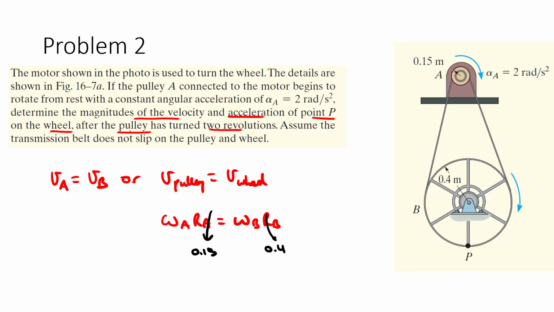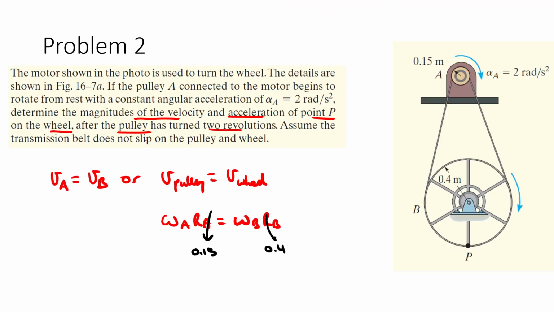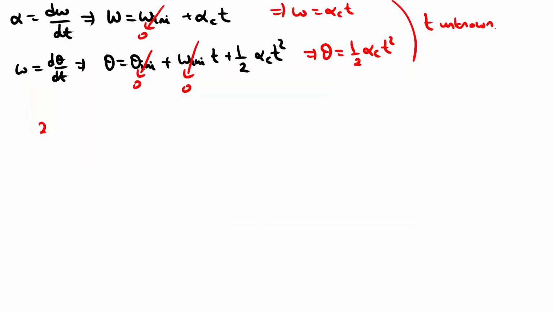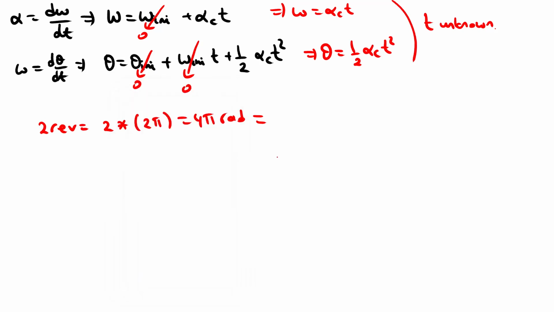Here we have t as unknown, but the question says when we have 2 revolutions. 2 revolutions means that each revolution is 2 pi, so it will be 4 pi radians, that is 4 times 3.14, 12.56 radians, and this is the theta.